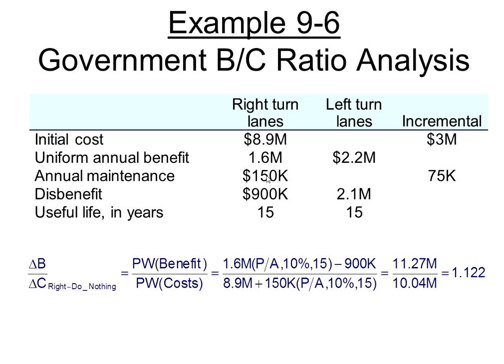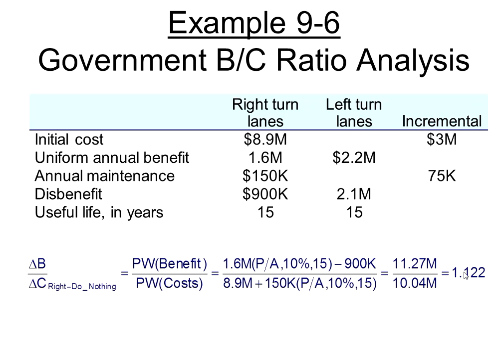So this A we need to find its present worth equivalent, so multiply by P given A, 10%, 15. So when we evaluate this, we get 10.04 million, and when we evaluate the top, we get this much.